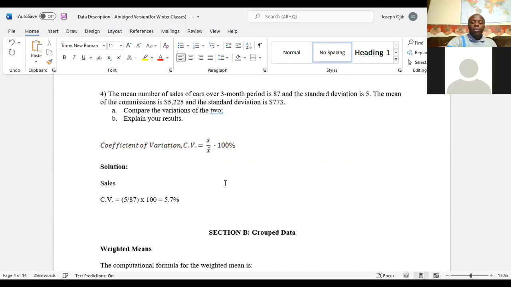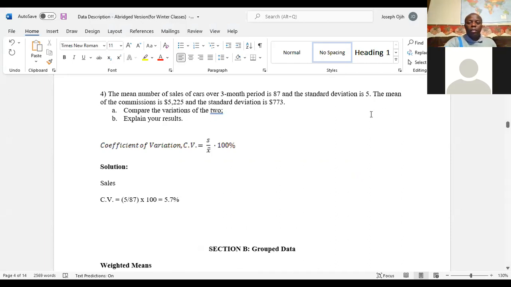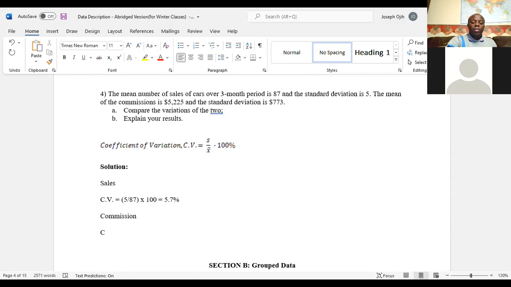Then we repeat the same process for the commission. For commission, the mean is $5,225, and the standard deviation is 773. So the CV, coefficient of variation, becomes the standard deviation, 773, divided by the mean of 5,225, then multiply the result by 100.